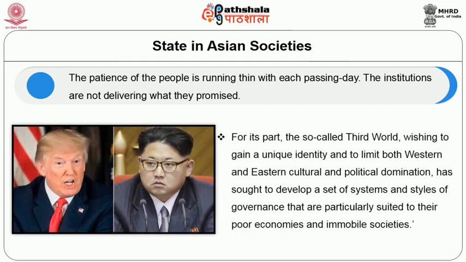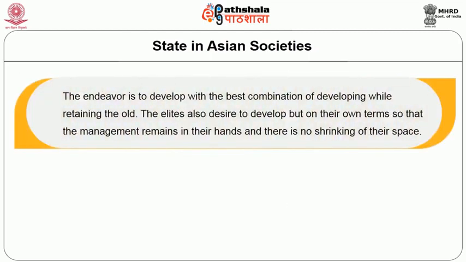For its part, the so-called Third World, wishing to gain a unique identity and to limit both Western and Eastern cultural and political domination, has sought to develop a set of systems and styles of governance that are particularly suited to their poor economy and immobile societies. The endeavor is to develop with the best combination of developing while retaining the old.